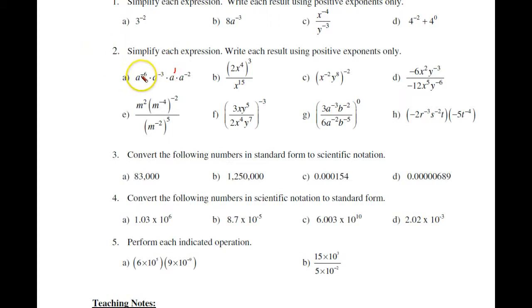So let's add them all up. And we only want to show our answers using positive exponents. So -6, -3 is -9, -2 is -11, plus 1. This becomes a to the -10th. But that will simplify into 1 over a to the 10th.